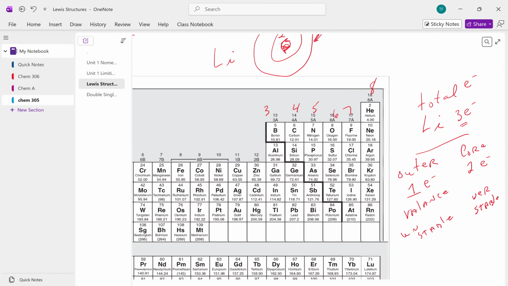So this is where the chemistry happens, with the unstable valence electrons.